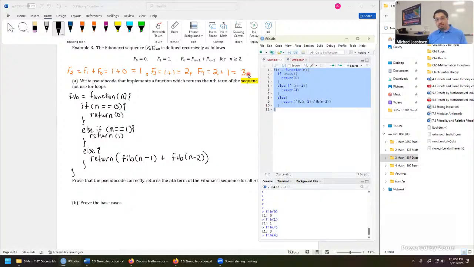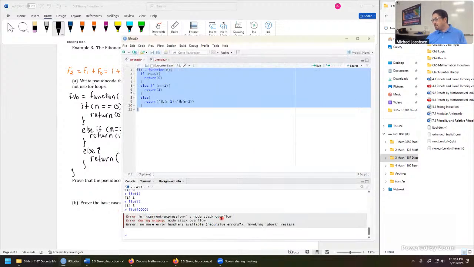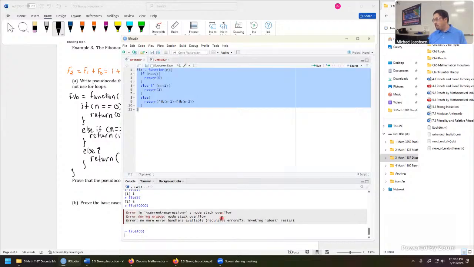And now we can do some crazy function calls. What about Fibonacci at, say, 40,000? Stack overflow. It was not happy with that. Invoking abort restart during wrap up. I think I just put in too many terms there. Let me see if I can pare that down. 400.